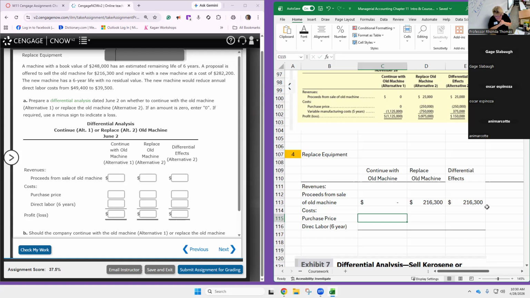The purchase price. There is no purchase price if we continue with the old machine, but the new machine is going to go in as a negative 282,200. So this one's going to be replace minus continue, so it's in there as a negative. And then the direct labor.